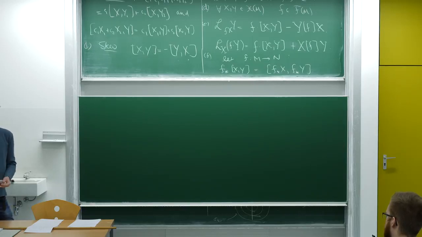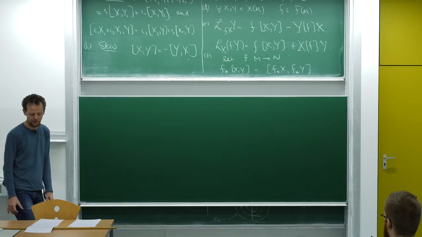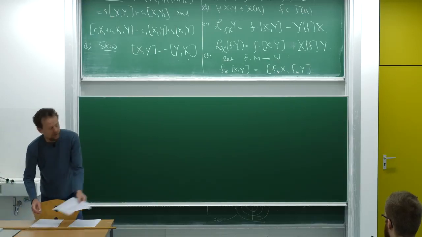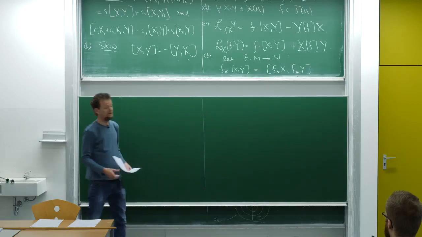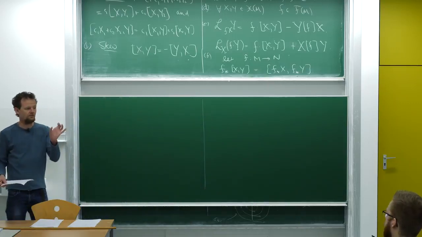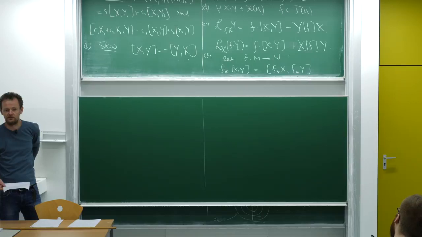So if you flow along x and then y, and then compare that operation with flowing along y then x, then you may not land at the same point when the vector fields aren't nice and flat. And it turns out the Lie bracket is exactly the thing that tells you the difference between these two actions.